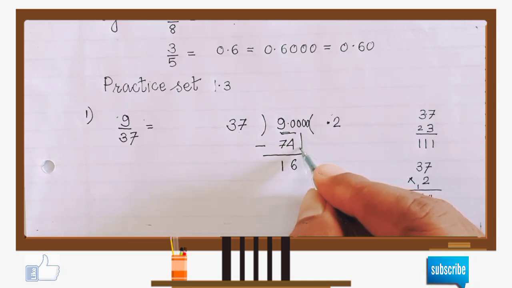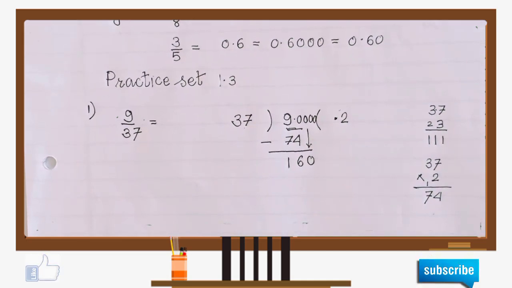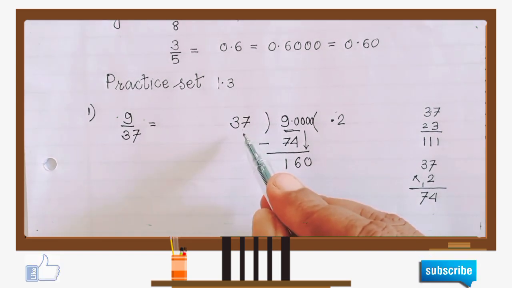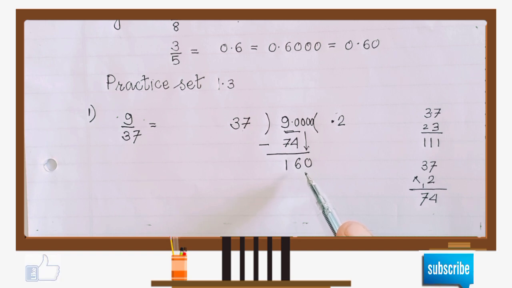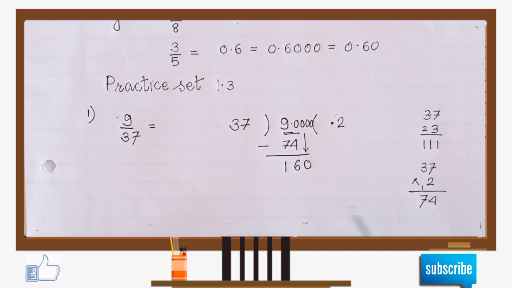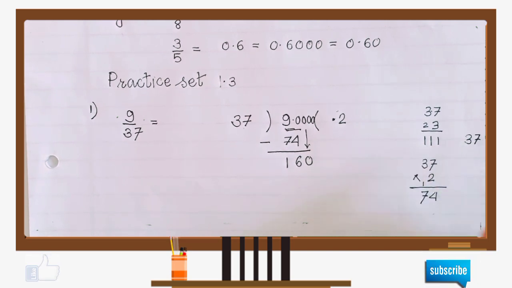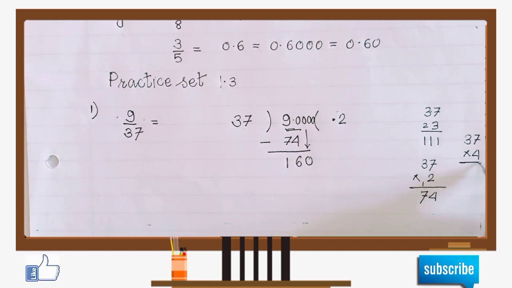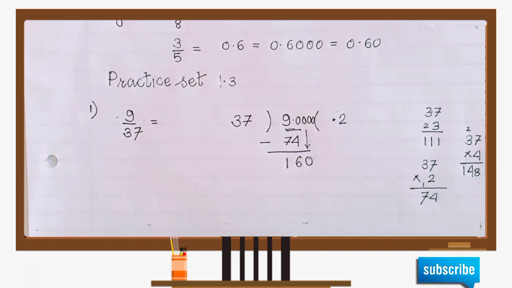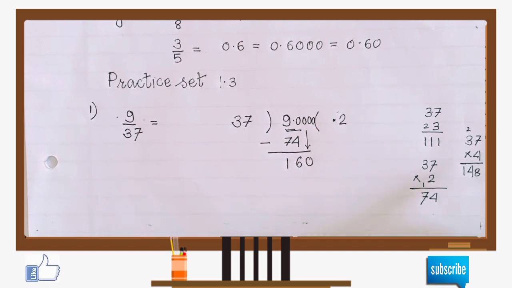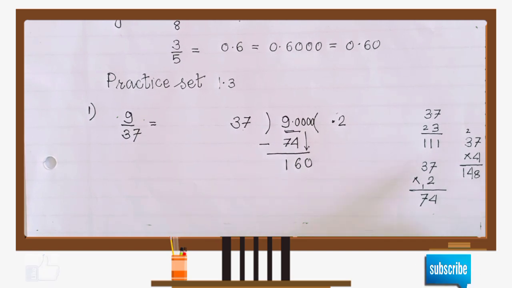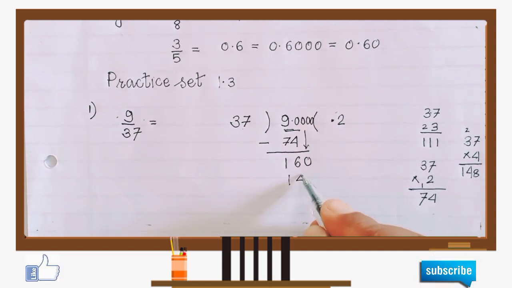Now you bring the 0 down to this side, so 160. Now you ask yourself again whether 160 comes in the table of 37. It doesn't, so we take the number below it. 37 into 4 is 148, which is smaller than 160. If we do 37 into 5, it will be more than 160, which we don't need. So 37 into 4 is 148.